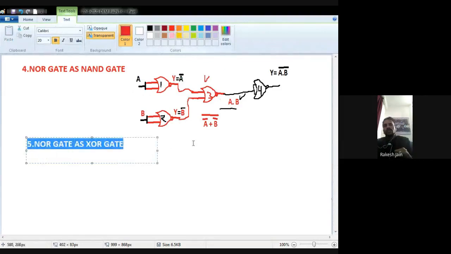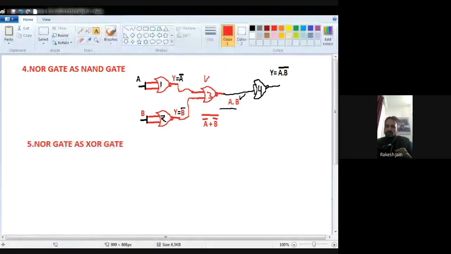Now to realize this NOR gate as an XOR gate, first of all we take two NOR gates that behave as NOT gates, in which one input is A and one input is B. So the outputs will be A bar and B bar. So see this circuitry.